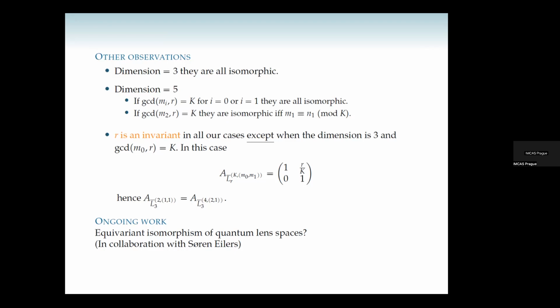And here we are looking at dimension 3, we know they are all isomorphic, and now the question is, are they isomorphic in a way that preserves the action? Yeah, but that will be for another talk.